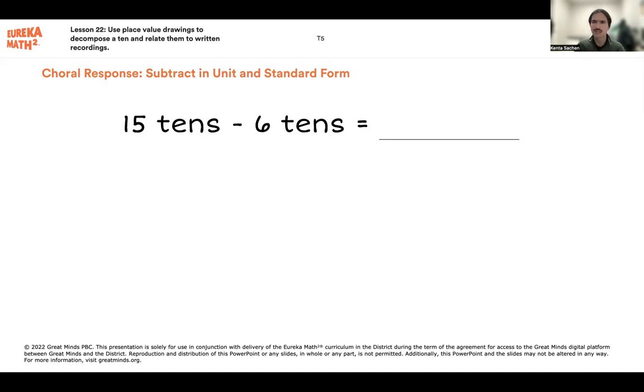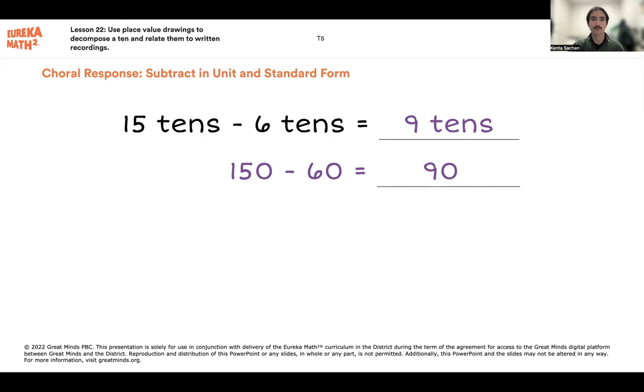Now, what is 15 tens as a number? Let's think. 10 tens is 100. 110, 120, 130, 140, 150. So that's going to be 150 minus 60 is equal to 9 tens or 90.